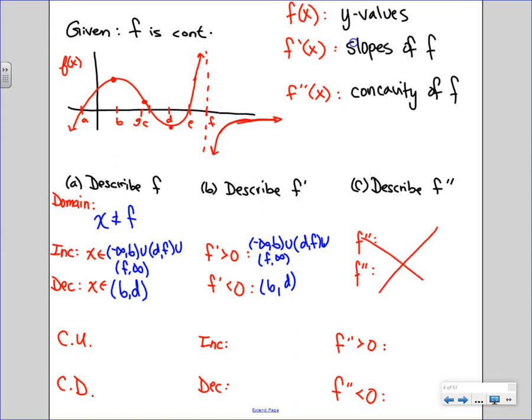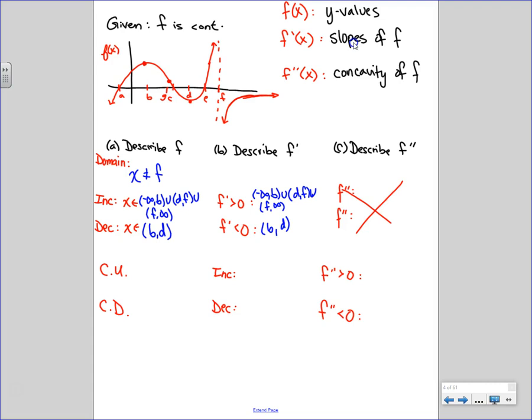The original graph can increase and be concave down, or it can increase and be concave up. And if the second derivative is concavity, we know nothing from the first clues. So increasing, decreasing tells us about F's behavior and F prime sign, but doesn't tell us anything about F double prime, because it can be true regardless of what F double prime is doing.